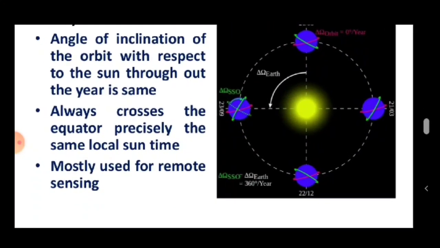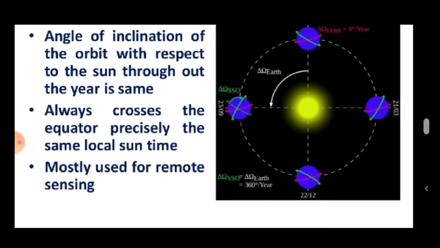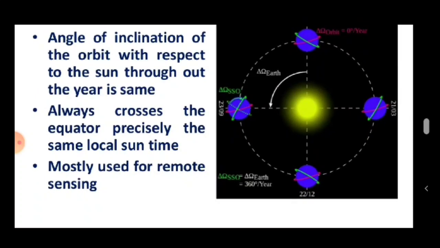Also, the angle of inclination of the orbit with respect to the Sun throughout the year is the same for sun synchronous, or polar orbiting, satellites. So these satellites always cross the equator at precisely the same local sun time.